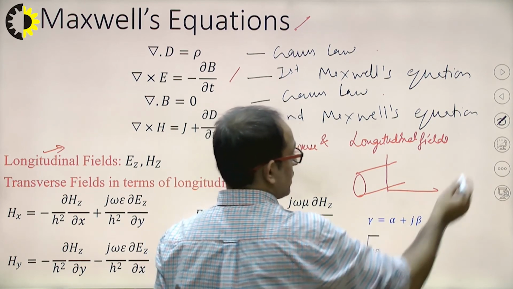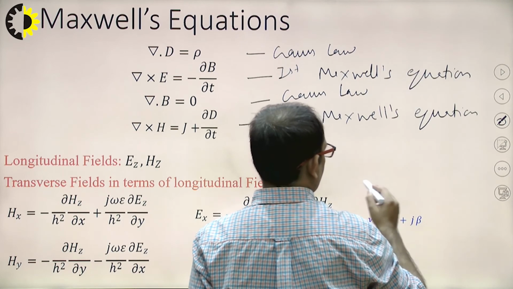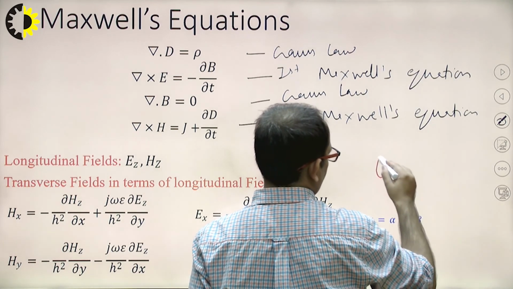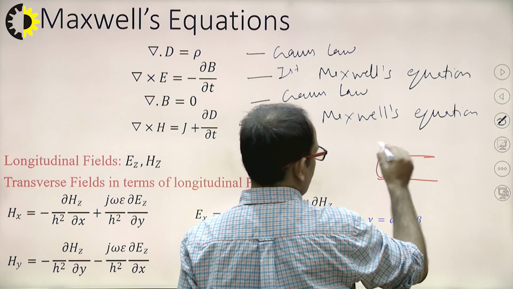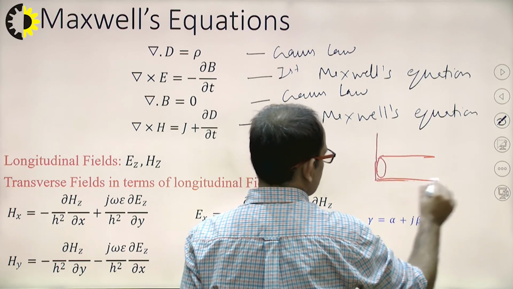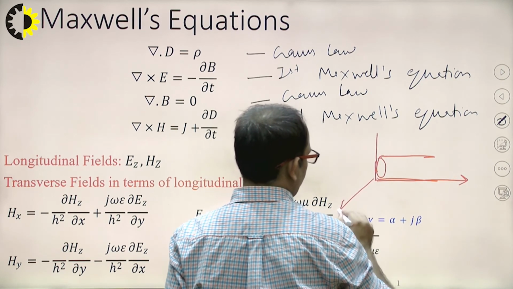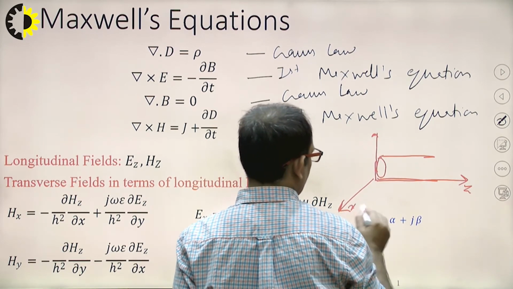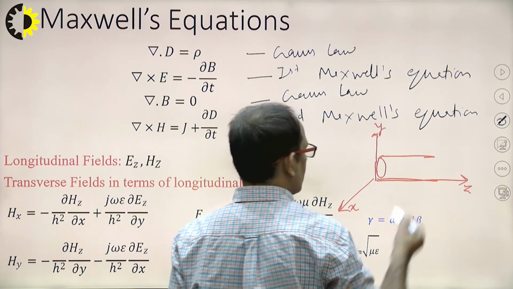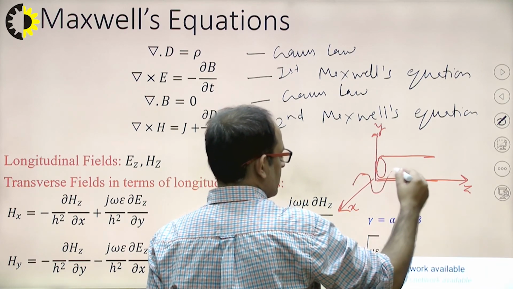Let's say this is a waveguide with axes z direction, x and y, and the wave is propagating in this direction.